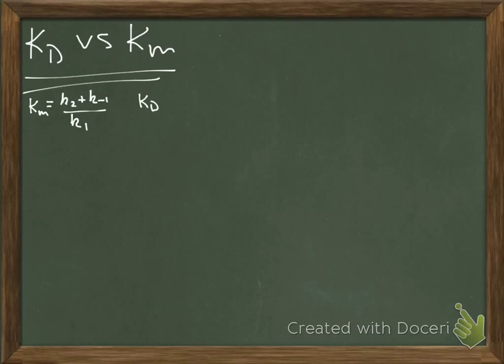Let me just go back and write what we had before. We had E plus S, a complex ES, the Michaelis complex, goes to E plus P. But this is not what really happens with KDs.